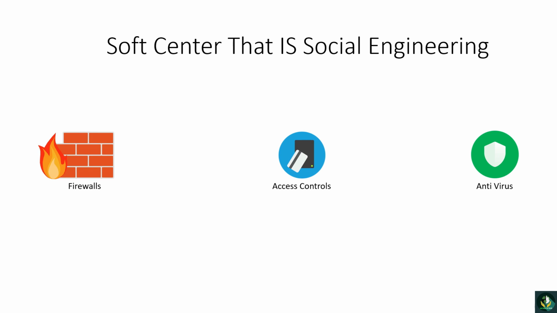Now we often talk about people being the soft center of the systems. Let me show you what I mean by that. We have to think about the security controls within the systems that many of you build. For example, we have firewalls in server environments, firewalls on desktops, and dedicated firewall devices.